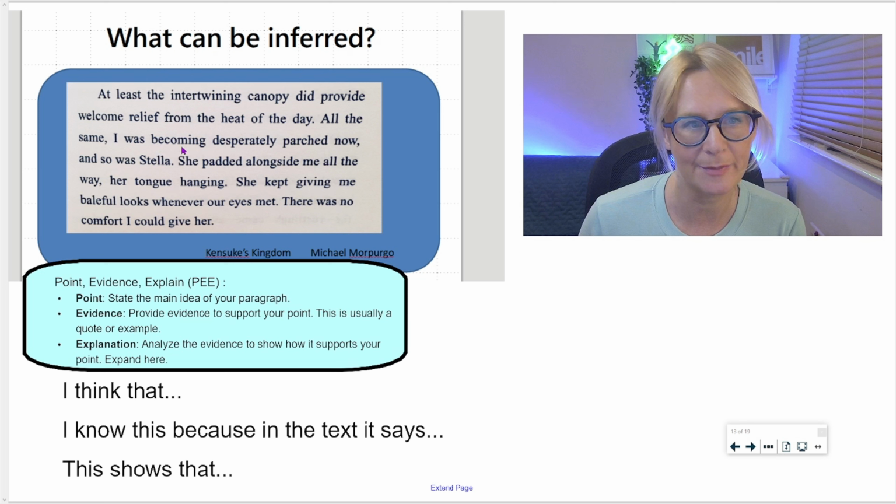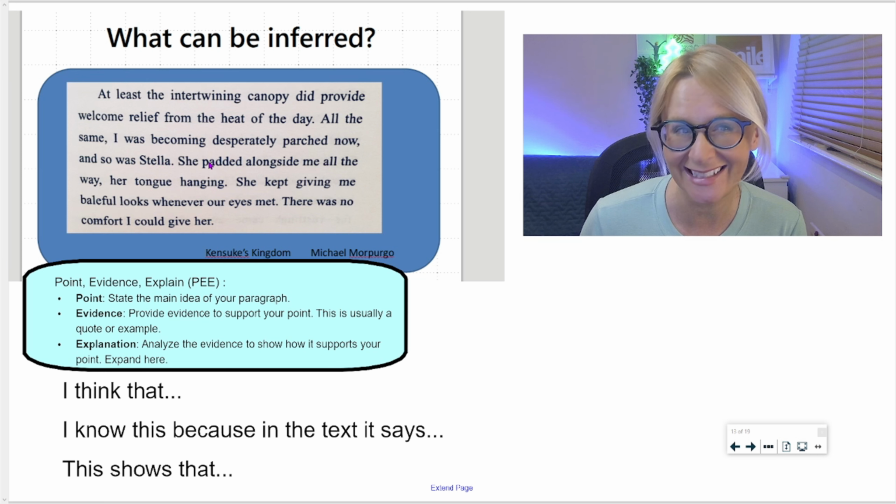All the same, I was becoming desperately parched now. So this word parched would imply that the person is thirsty. And so was Stella. She padded alongside me all the way, her tongue hanging. Okay, so we're not really sure what Stella is or who Stella is, but she's padding and her tongue is hanging.